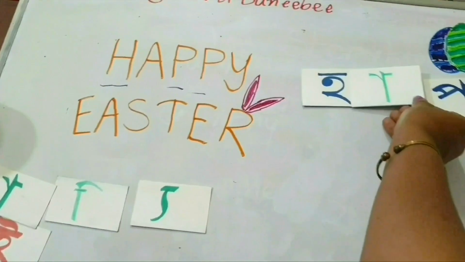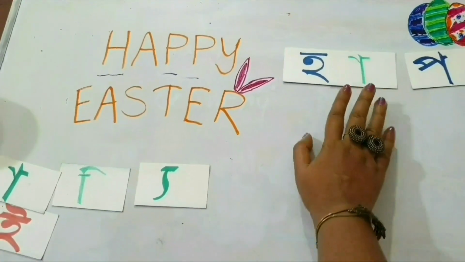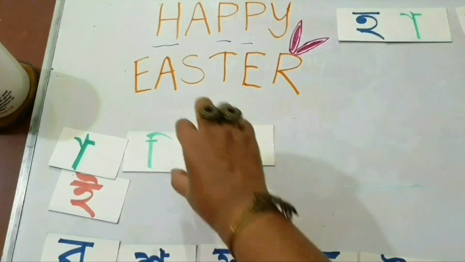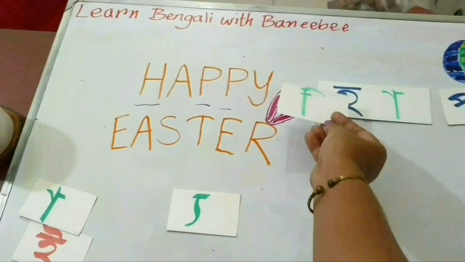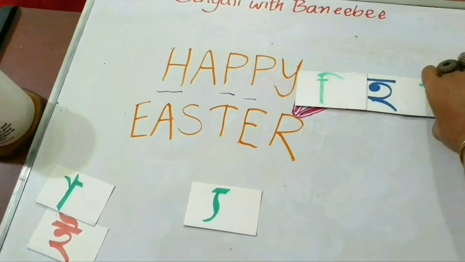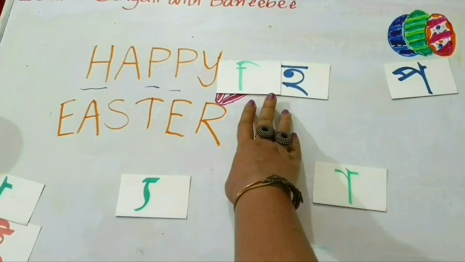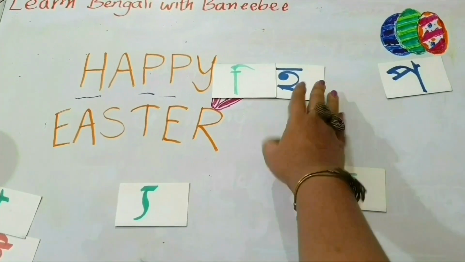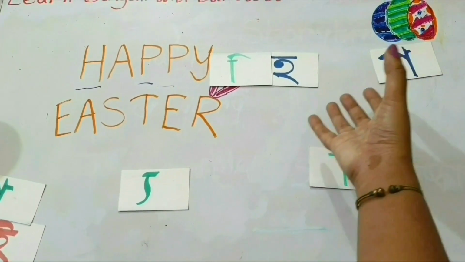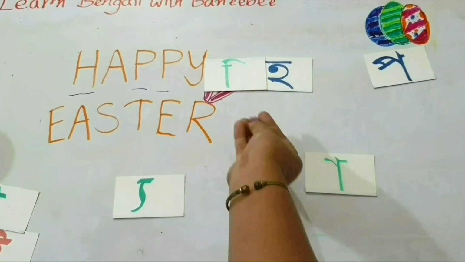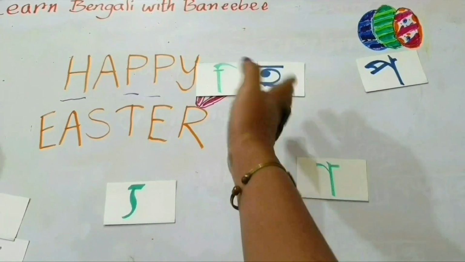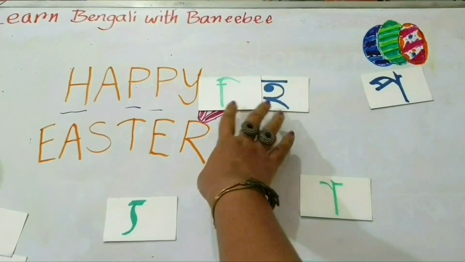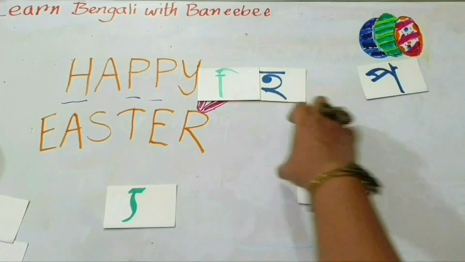So if I put it here, it will be ha. What is this one? If I put this, it will be he. I'll just take this out, and this will be he. So this ha is like water. Whatever vowel signs you attach it with, it will take the form of that one. So with e, this ha becomes he. With a, this ha becomes ha.